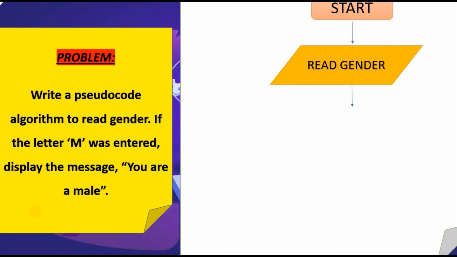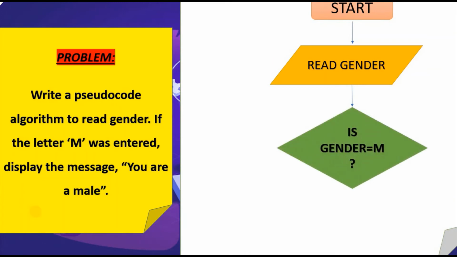So we remember that a decision goes into the symbol of a diamond. So we no longer enter if gender equal M. We technically switch it up a bit to make it become a question. So we start off to say, is gender equal to M? So we're now asking a question because we want to get a response that evaluates to either yes or no. So is gender equal to M?